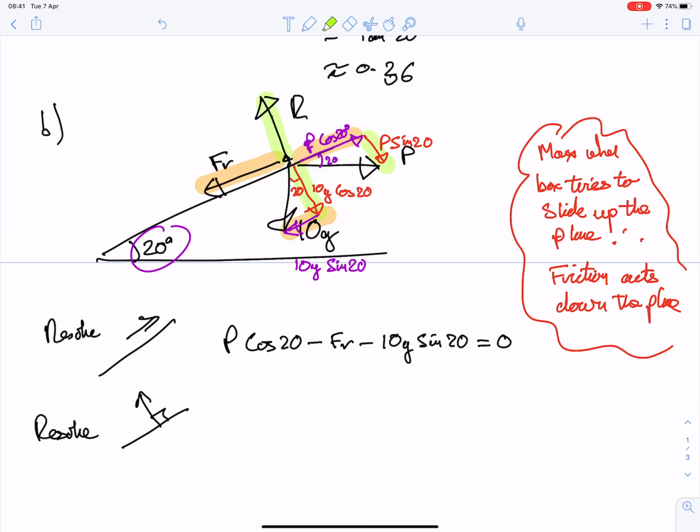So we've picked out those components. So we've got R minus 10g cos of 20 minus P sine of 20 equals 0. These are both zero since equilibrium.